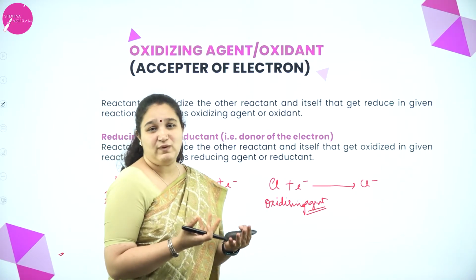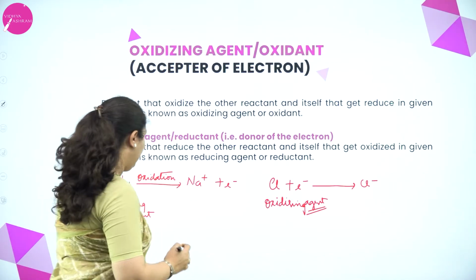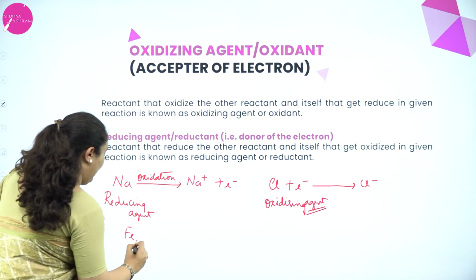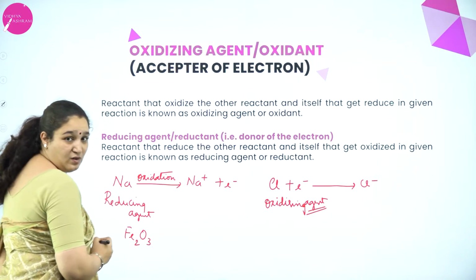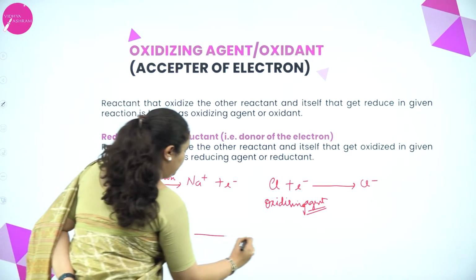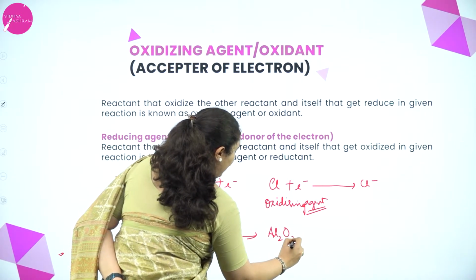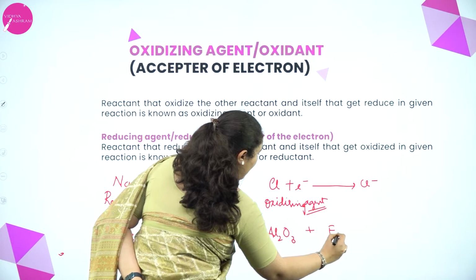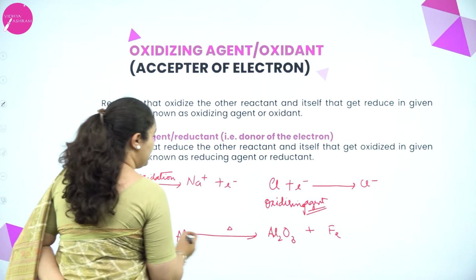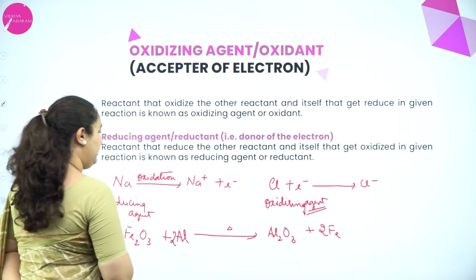Now, one more simple example just to understand. If I take Fe2O3, ferric oxide, and mix with aluminium, heated, I'll get aluminium oxide, Al2O3, and iron. Of course, I have to balance the equation, so this will be 2 and this will be 2.